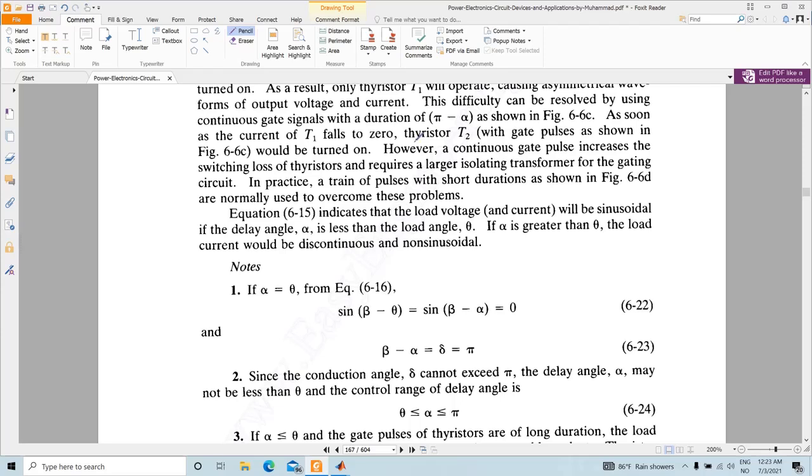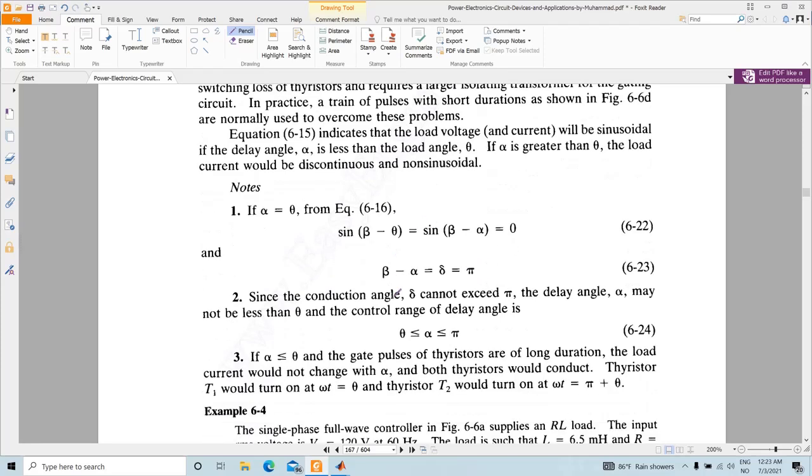Okay, so what is the relation of alpha and this load angle theta? If your alpha is equal to theta, at that time your conduction angle becomes pi, or beta minus theta becomes pi.